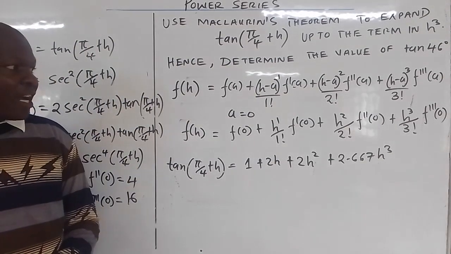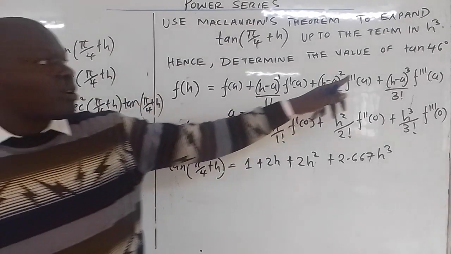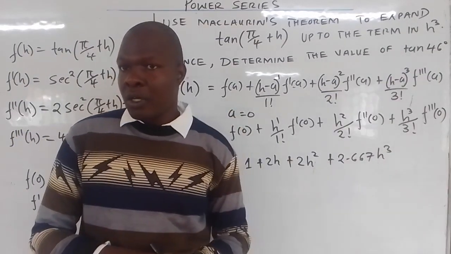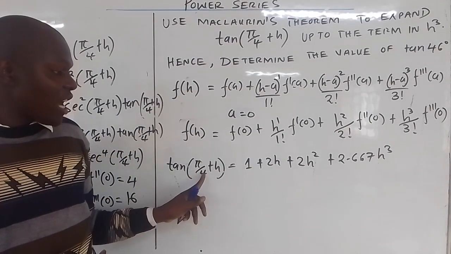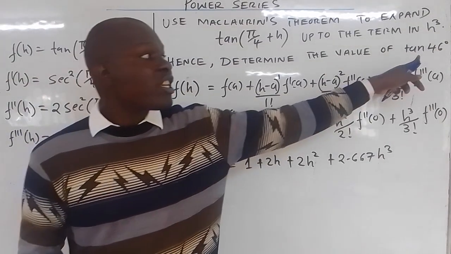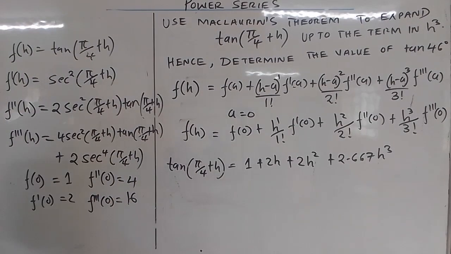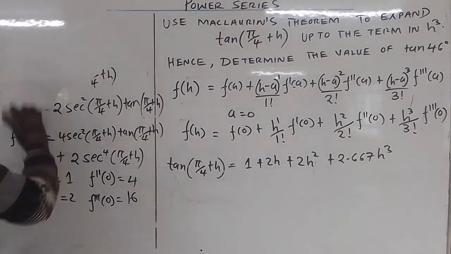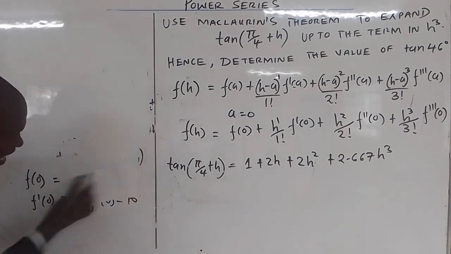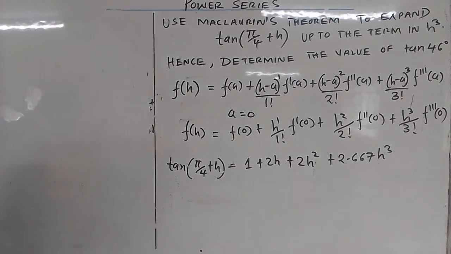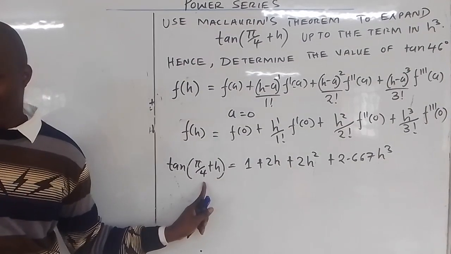So from there, we've now been told to evaluate the value of tan 46 degrees. So when you're looking for tan 46 degrees, and you know this is tan pi over 4 plus h, so what do you see here? What is 46 degrees? You start from there. Let me write it here. The first part of that 46 degrees must be pi over 4, isn't it?